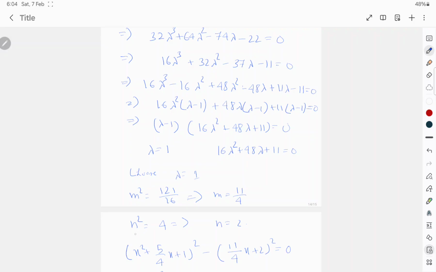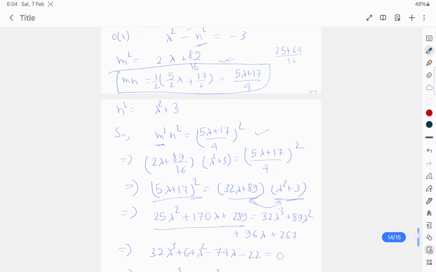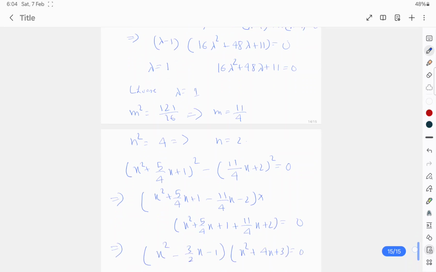And correspondingly n square also has some value. Lambda square plus 3, so it is 4, so n is 2. Remember this form, you just have to substitute lambda, m and n.